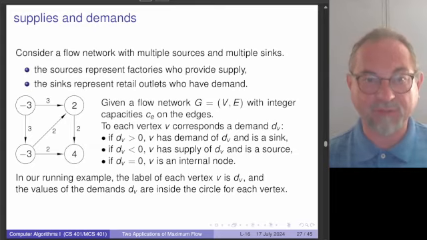What we want to consider are circulations with demands. A circulation is a function which assigns to every edge a non-negative number subject to the capacity condition, so we cannot exceed the capacity on every edge. And also, everything that goes in must go out, so we have the conservation conditions for every vertex.